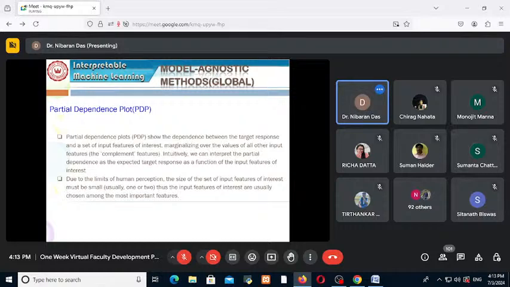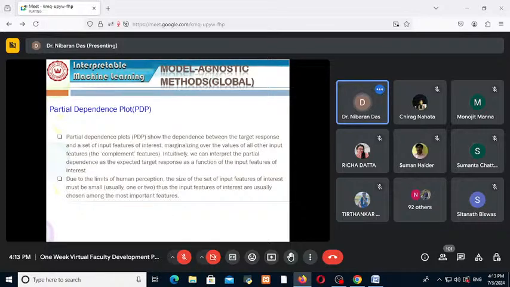So we explain the target response as a function of input features, and due to the limits of human perception, the size of the set of input features of interest must be small, usually 1 or 2. Thus input features of interest are usually chosen among the most important features. You could select the most important features using some ranking technique.